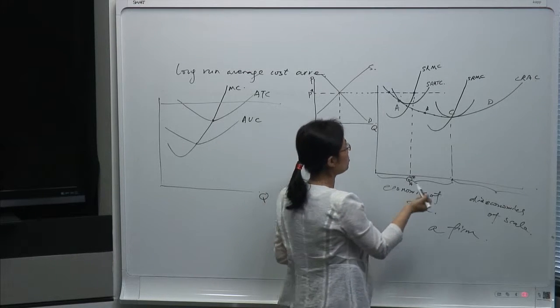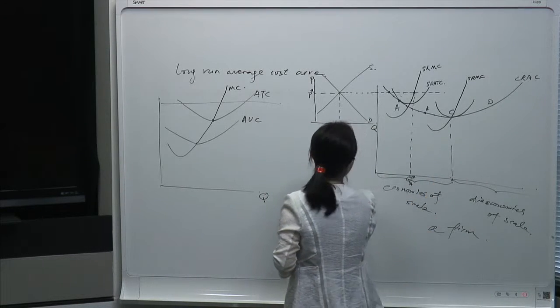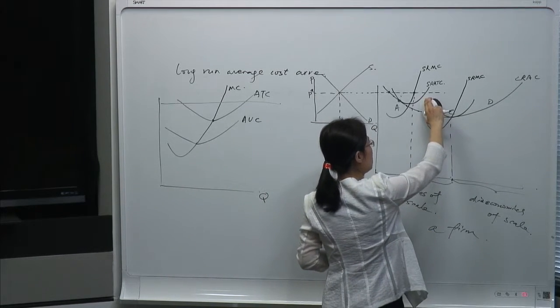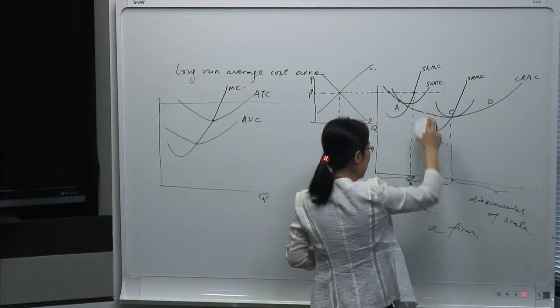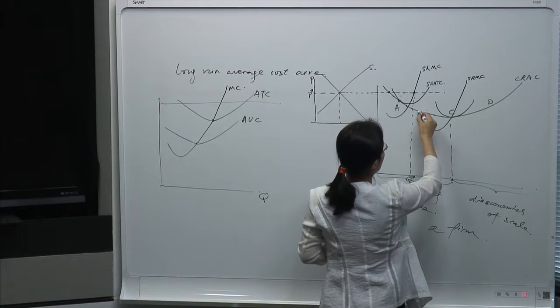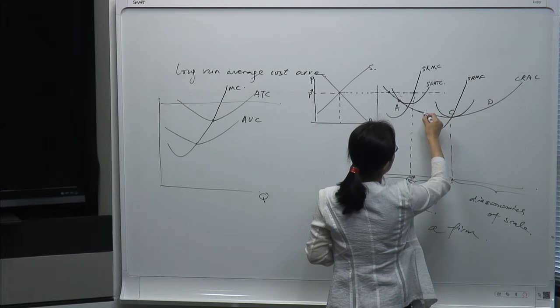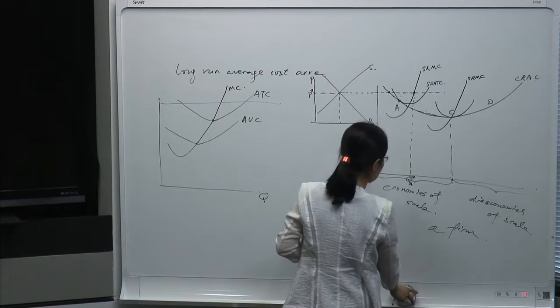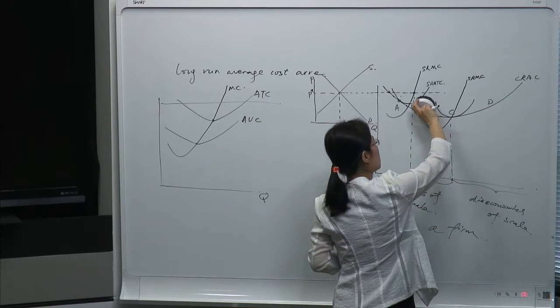I'm not going to draw this one, so it's going to be even messier right now. That's why you need to use the whole page. I'm going to try to make this.